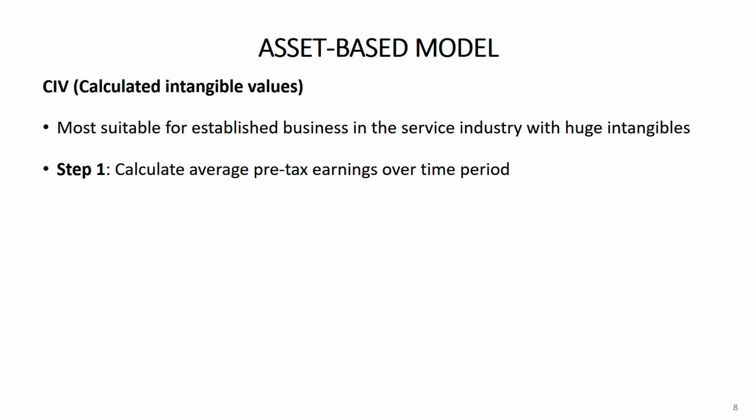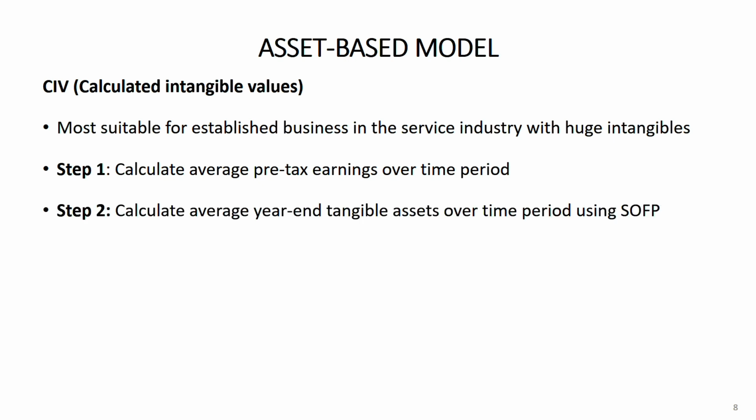Step 2, calculate average year-end tangible assets over the time period using the statement of financial position. Tangible assets, not intangible assets. Why tangible assets? Because what are we doing? We are finding the excess return on tangible assets. Our value does not just come from tangible assets, plus intangibles.